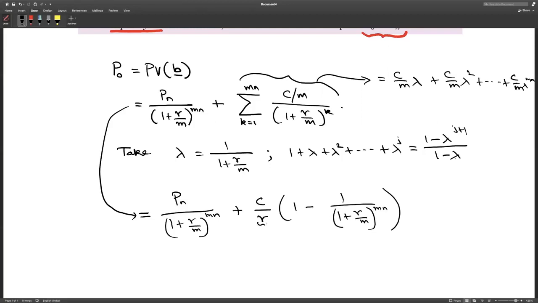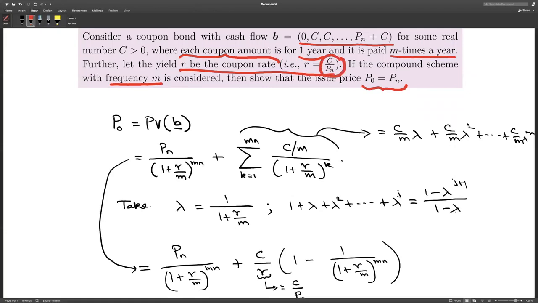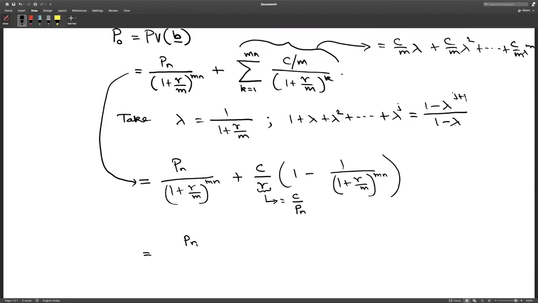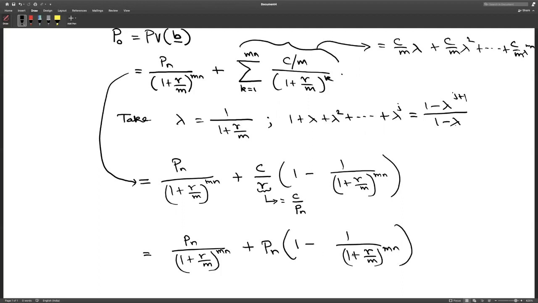Because you are given R is equal to C by Pn. That is given in the question itself, and I am using it. That gives me Pn by (1 plus R by M) to the power of MN plus Pn, because C by Pn, the Pn goes to C and gets cancelled, times 1 minus 1 by (1 plus R by M) to the power of MN. So now you can see that this simplifies to Pn.